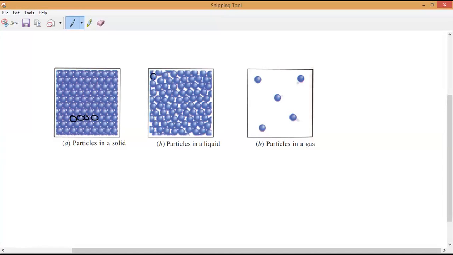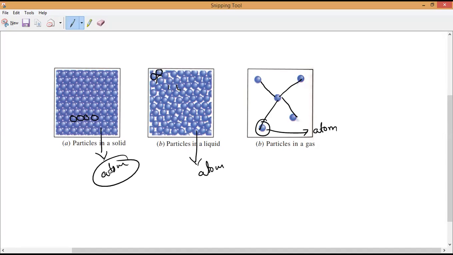some particles have some spaces between them, the gaps you can see here. And here if you take the gases, they have large space between the particles, but everything is called what, guys? Here also it is called atoms only. Here also it is called atoms only. And here also it is called atoms only. So that is what Mr. John Dalton is saying.